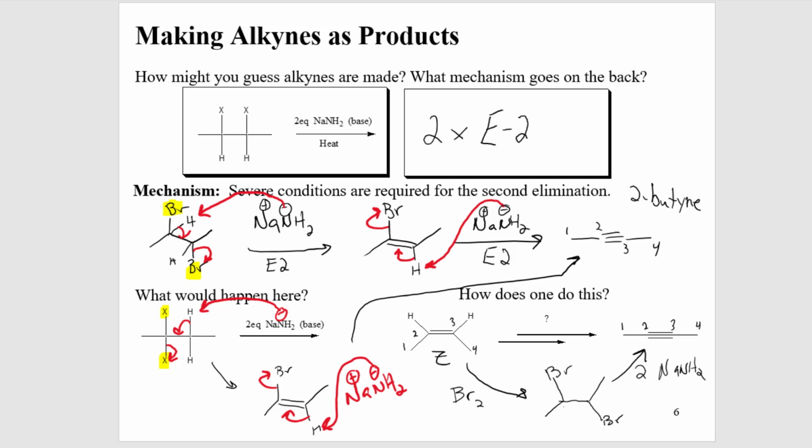So sometimes it's helpful to move backwards rather than forwards. So now you guys have, using some chemistry that we've already considered, a way to put 2 bromines across 2 carbons by bromination. And then you have the power to just do your double elimination through E2 chemistry.